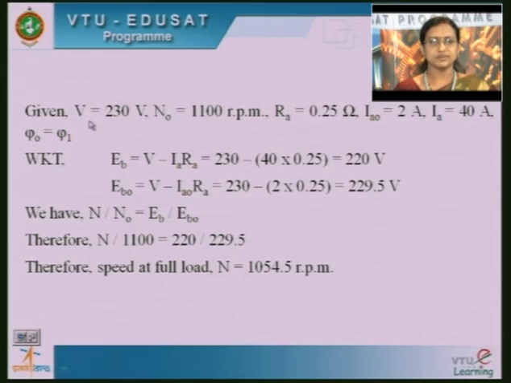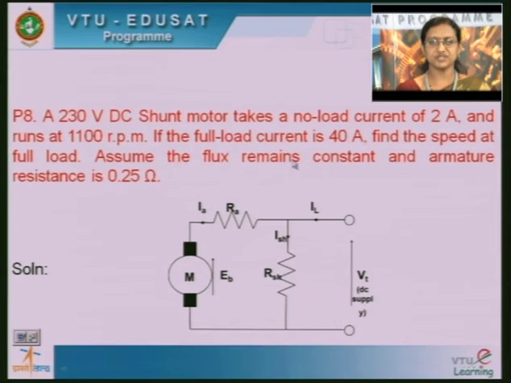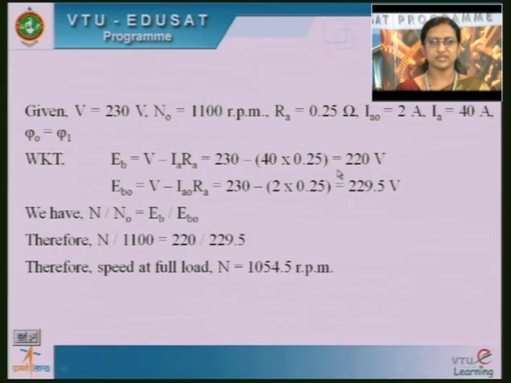In this case, the given values are V is equal to 230 volt, the speed at no load is 1100 RPM, the resistance of the armature is 0.25 ohm, the no load current of the armature is 2 ampere, the full load current is 40 ampere, and both the fluxes are same, because it is mentioned in this problem that flux remains constant in both the cases. So, we know the equation, EB is equal to V minus IARA.